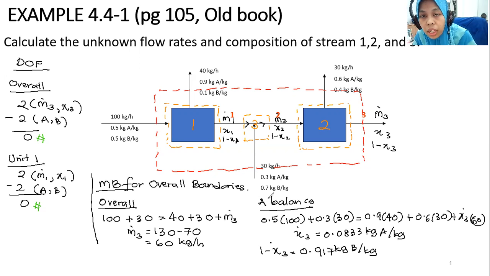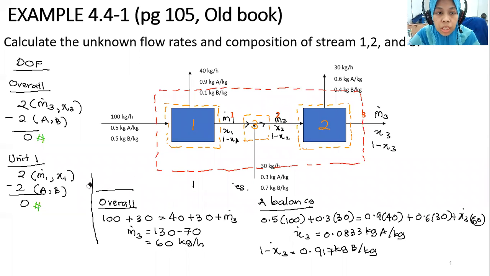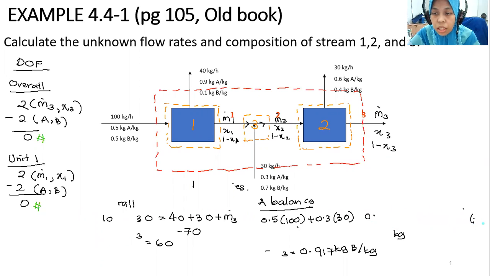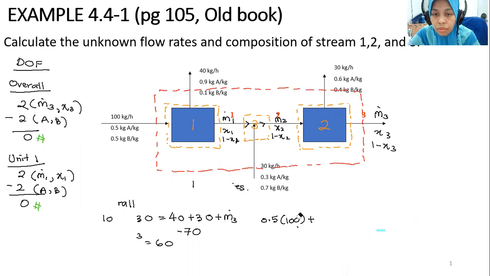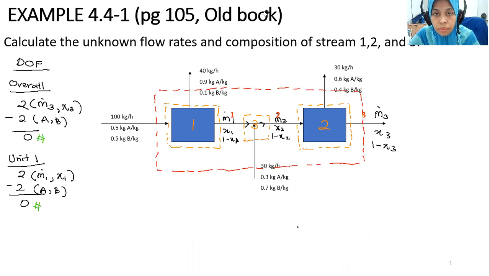So now we can start for unit 1, because for unit 1 the degree of freedom is also 0. I erase the material balance for the overall boundary. So the material balance for unit 1.